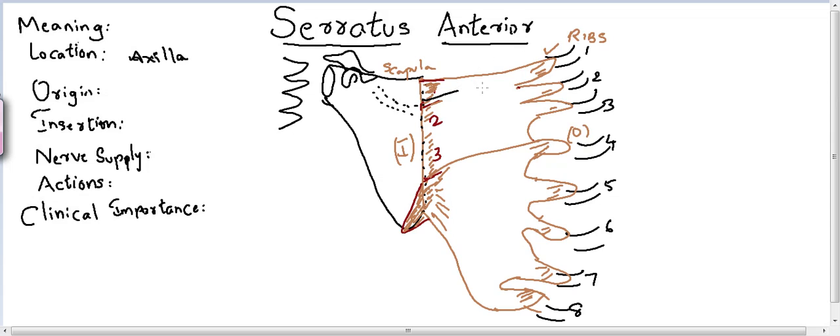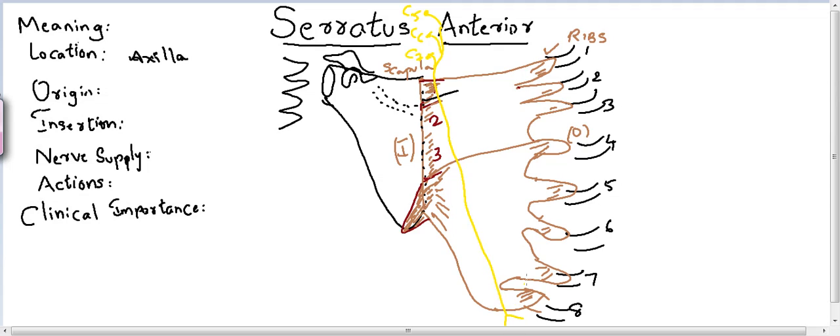Nerve supply for this is interesting. There is one nerve beginning from the roots of the brachial plexus C5, C6 and C7. After beginning from these three roots, this nerve descends down alongside the thorax.